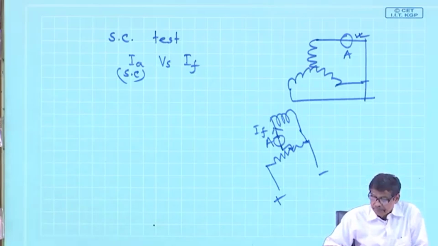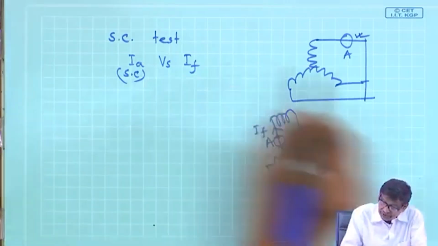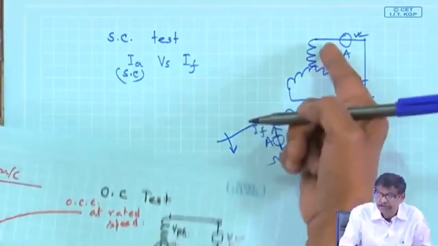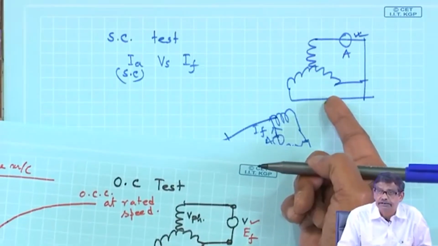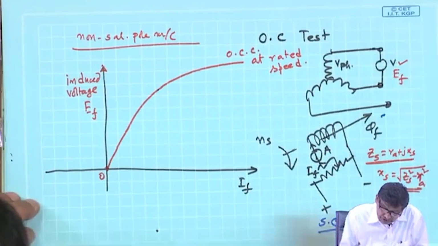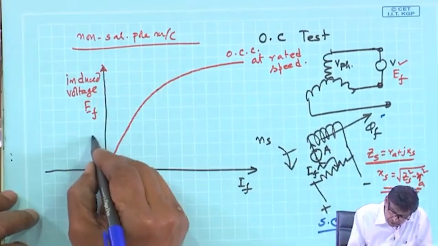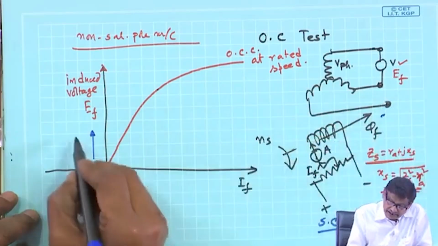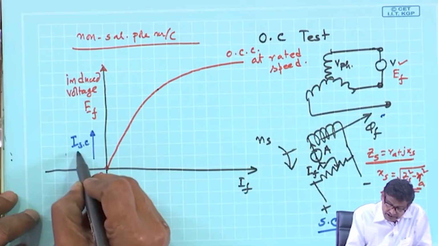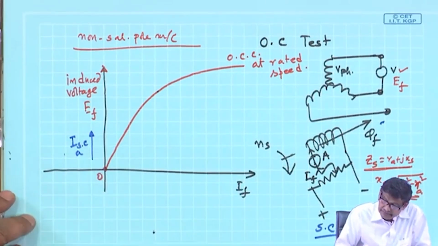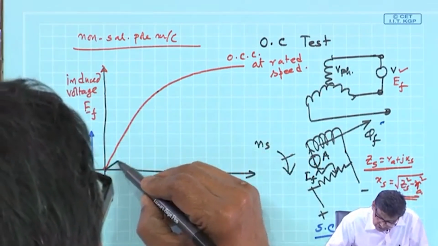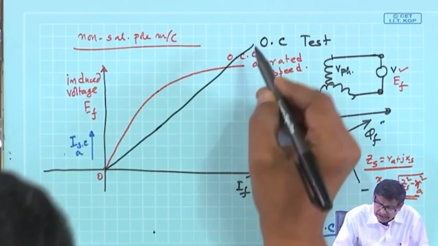Of course, run the machine at rated speed, which gives you the 50 hertz supply; that is the condition. If on the same graph you also plot ISC, the short circuit armature current, in some different scale, you will find the characteristic also passes through the origin and is a straight line.